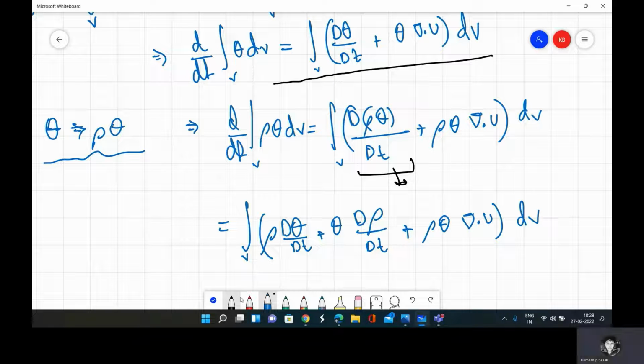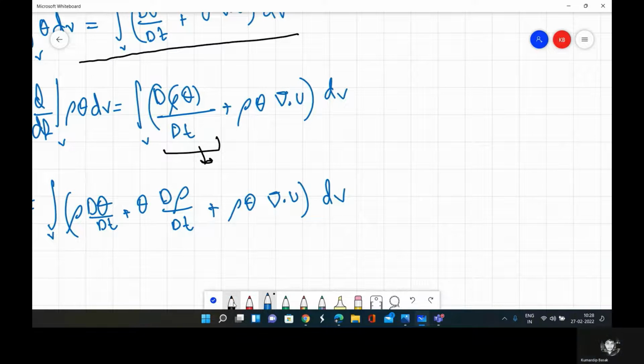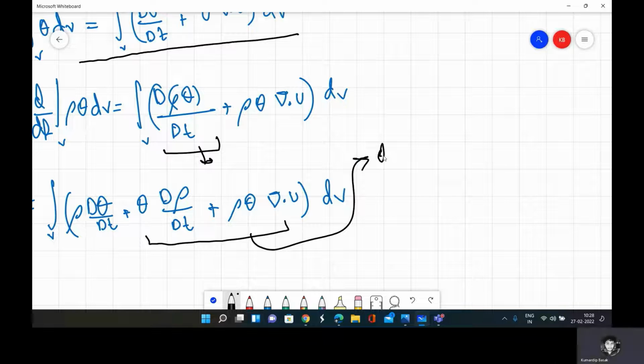Now again another simplification. What can we get? Let's just take it here. See this. If you take the theta common, it will become d rho by dt plus rho grad dot u. What is this?